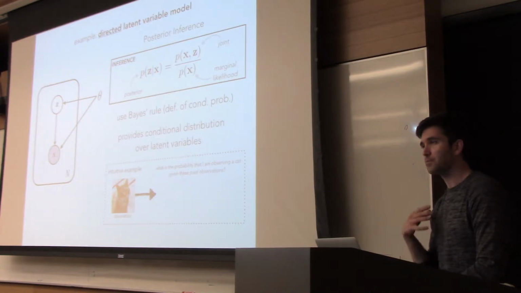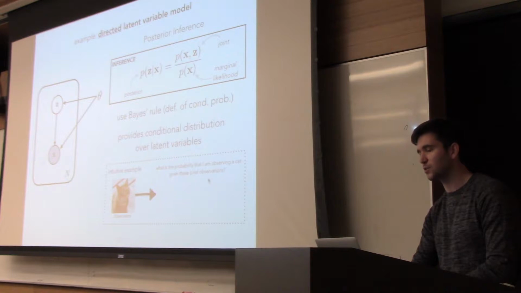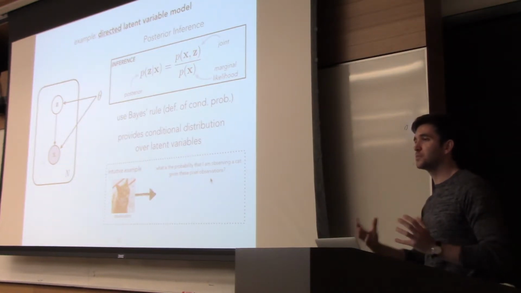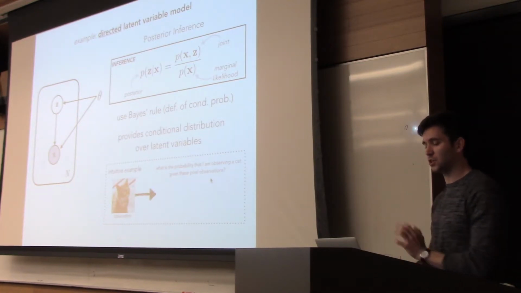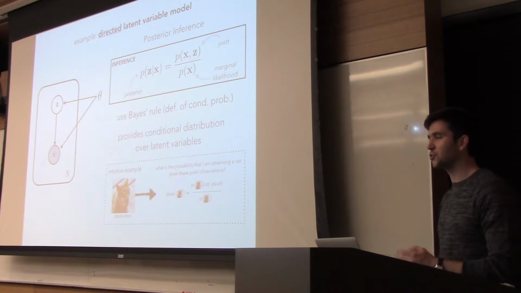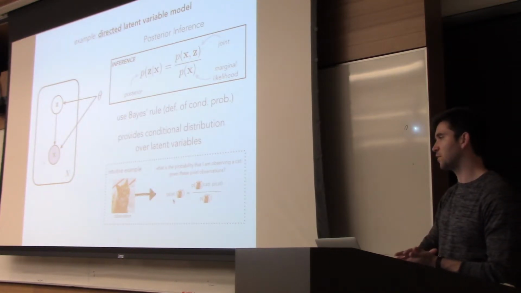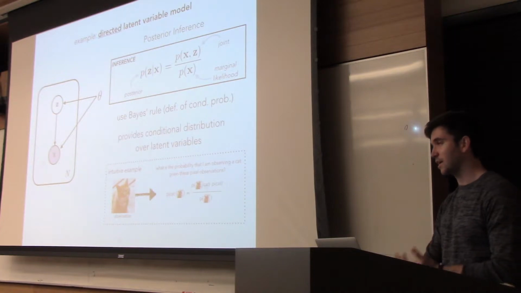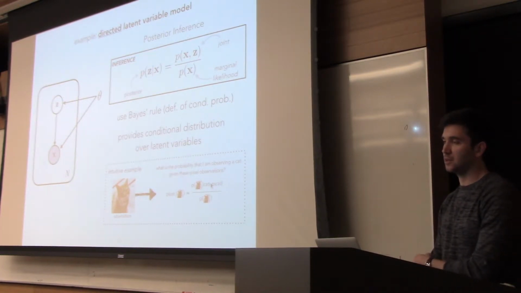What posterior inference says is, what is the probability that I'm observing a cat given these pixel observations? Or more generally, what is the distribution over all objects, all backgrounds, all lighting conditions given this observation? Cat might be one value of a variable capturing what object I'm looking at, so I might calculate the probability of cat given this image. Again, you just plug in Bayes' rule and output a distribution.